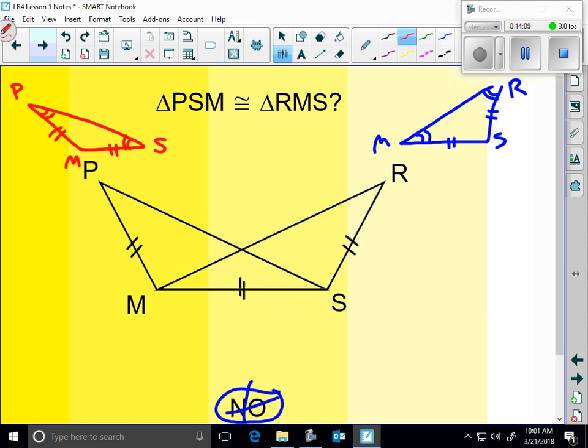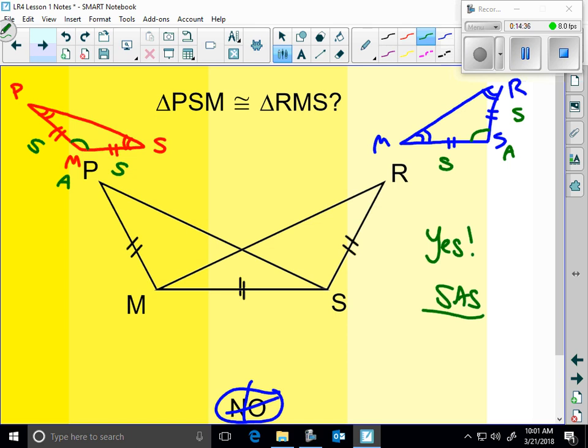So what has to be true about these two angles? They have to be congruent as well. Okay, so I have side, angle, side, and side, angle, side. Looks like yes, they are congruent by side, angle, side. This problem wasn't originally intended to go that way, but it's okay.